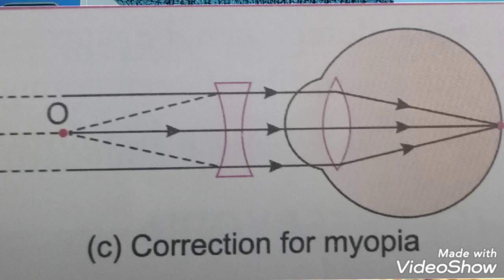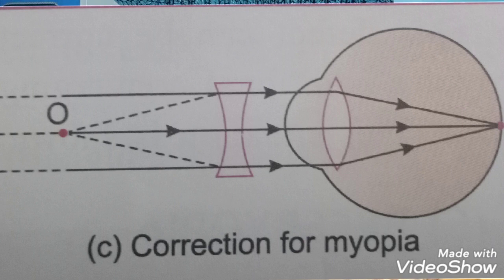Now, in myopia, the converging power of the eye lens becomes larger than required to form the image on the retina. Therefore, the defect can be corrected by using a proper concave lens, which diverges the rays of light, so that they will not focus in front of the retina but exactly on the retina.